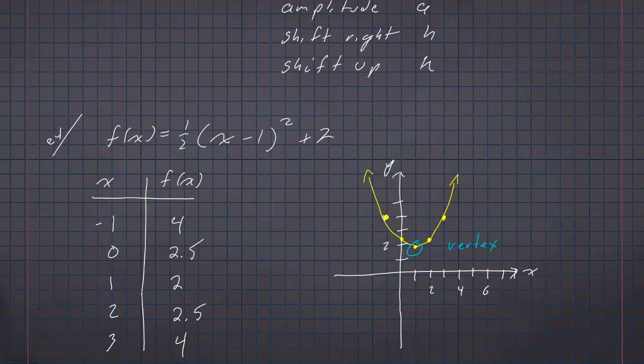The vertex, wherever that point 0, 0 ends up moving to, is the place where the parabola turns around. When the parabola opens upwards, it will be the lowest point on the graph. And when the parabola opens downwards, as we'll see in the next example, it will end up being the highest point in the graph.